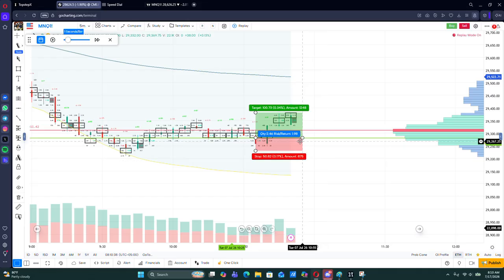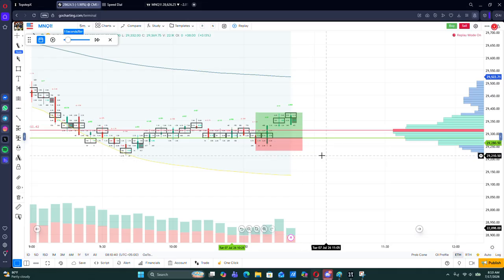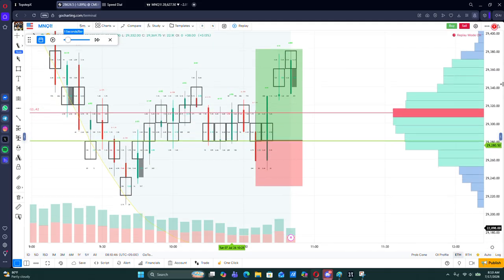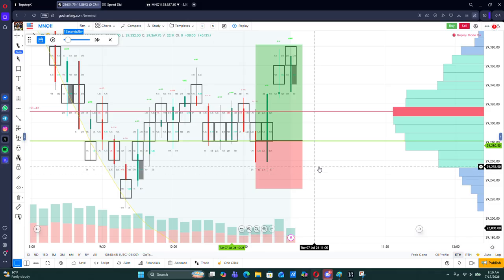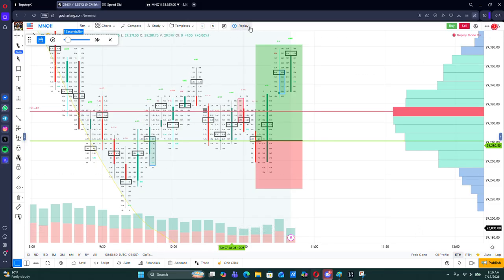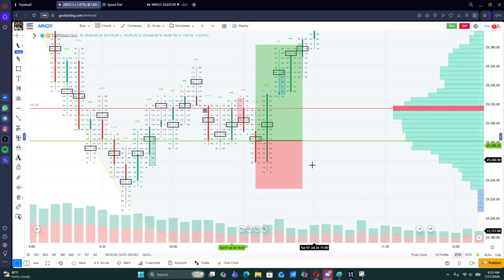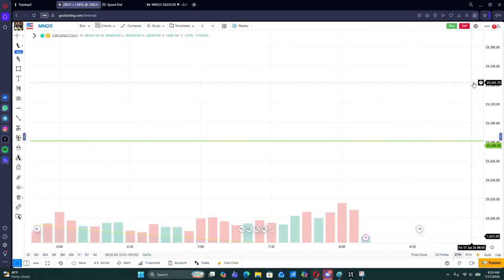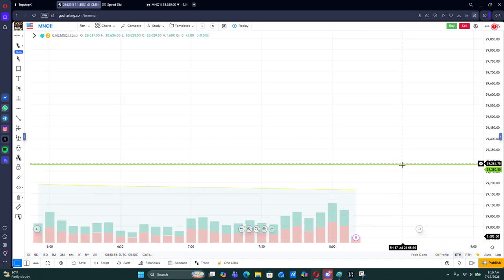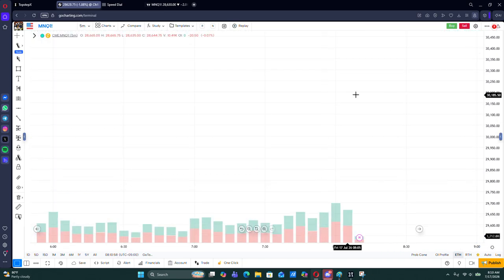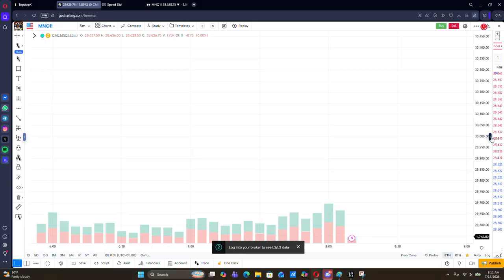Another thing about this software, I don't know if you guys will ever use it, but I need to tell you in case you do. When I stretch the chart out, let me get off a replay actually. Delete this level. Shoot.